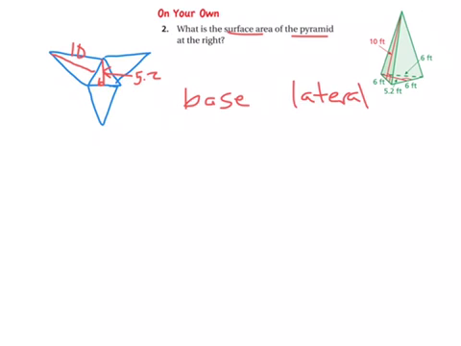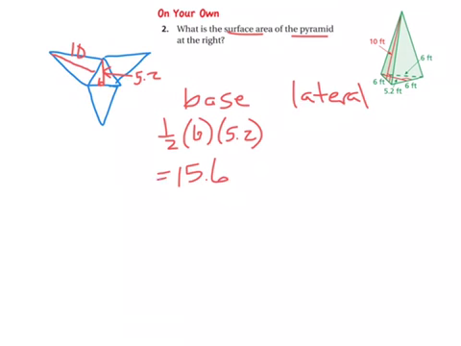Okay, well, all of these are triangles, so we're going to do 1/2 of the base of this inner triangle, which is 6, and then the height of this triangle is 5.2. So you get 1/2 times 6 times 5.2, and you're going to get 15.6.